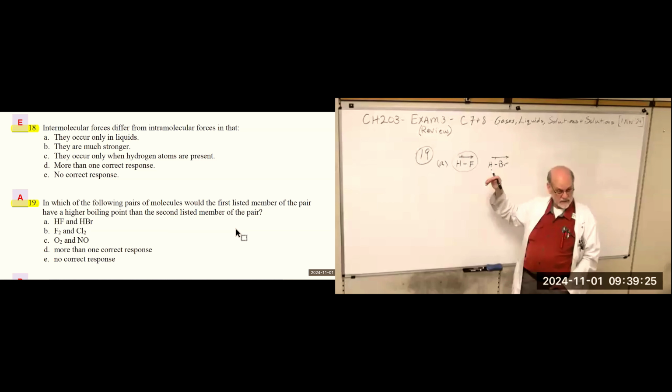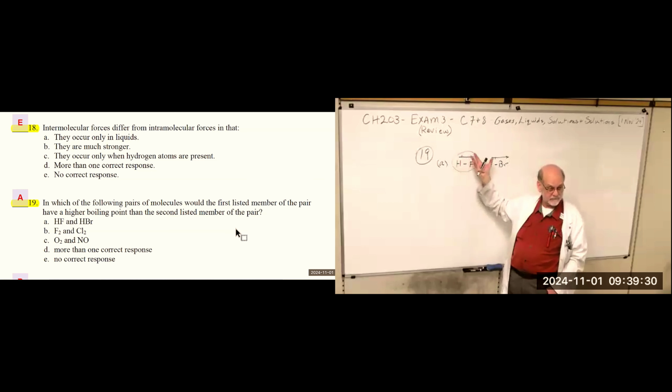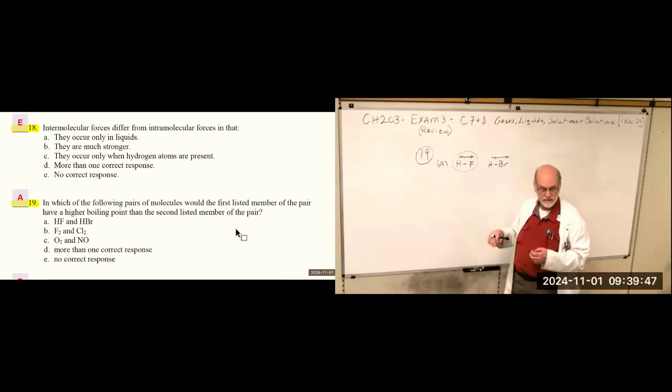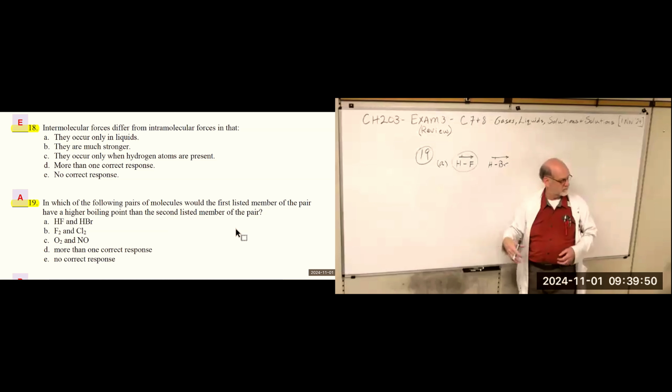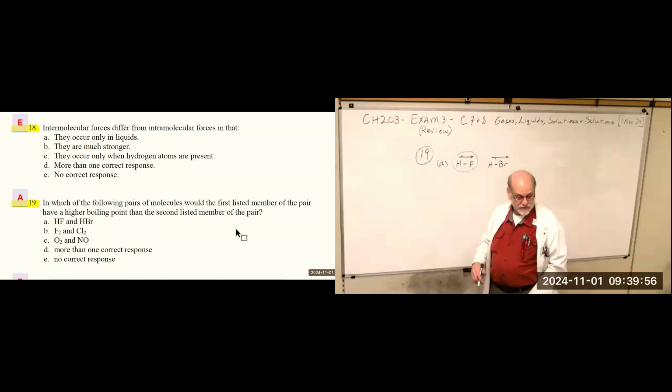So it gives you a stronger dislocation of electron density in here. Also, fluorine is a smaller atom, so it's going to be closer to hydrogen. And the bond itself is going to feel a stronger pull because of the proximity of the other atom to fluorine, whereas bromine, by comparison, is huge. So we found our answer.